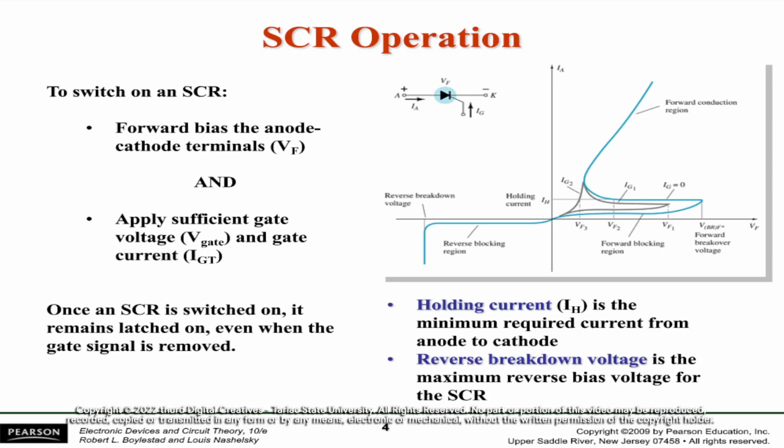Okay, so to switch an SCR, we need to, of course, forward bias natin. So, we denoted as BF. Okay. And apply the supply gate voltage, which is yung gate. And then the gate current natin. Yan yung kailangan to switch on yung SCR.